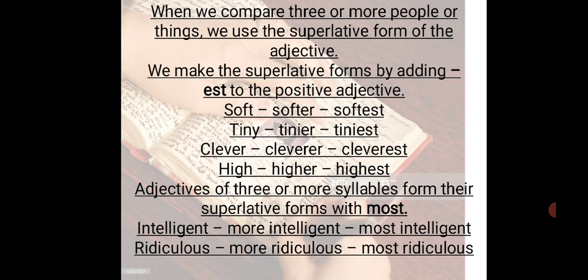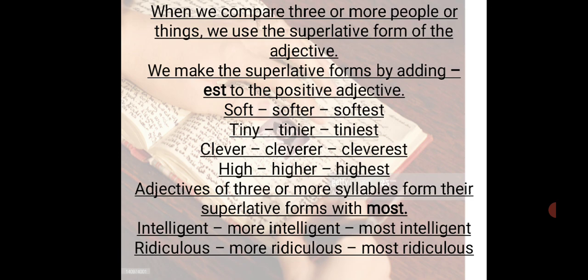When we compare three or more people or things, we use the superlative form of the adjective. We make the superlative forms by adding est to the positive adjective. So what to remember?